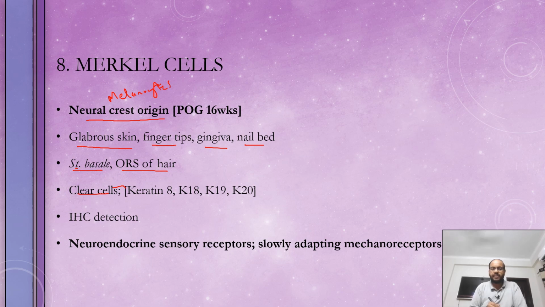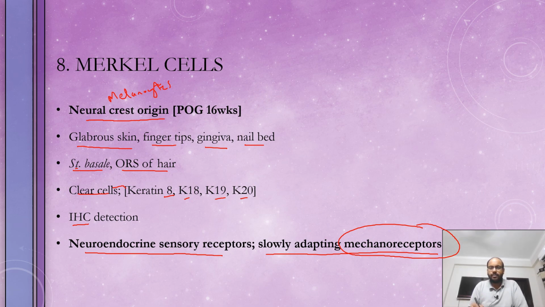They are clear cells consisting of keratin 8, 18, 19, and 20, and they are usually seen in immunohistochemistry. You will not be able to appreciate them better on H&E. They are neuroendocrine sensory receptors and also slowly adapting mechanoreceptors. So the function of Merkel cells in the skin is as a dull mechanoreceptor to sense touch. Okay, let's move forward.